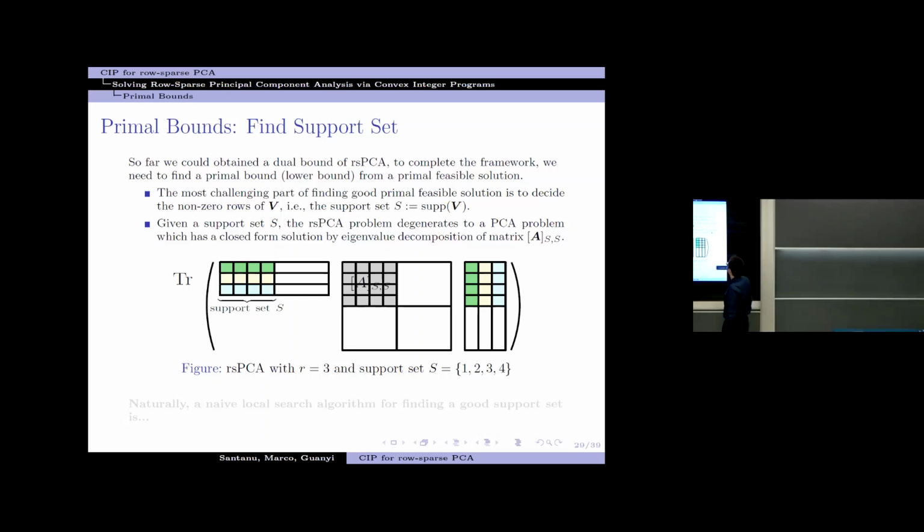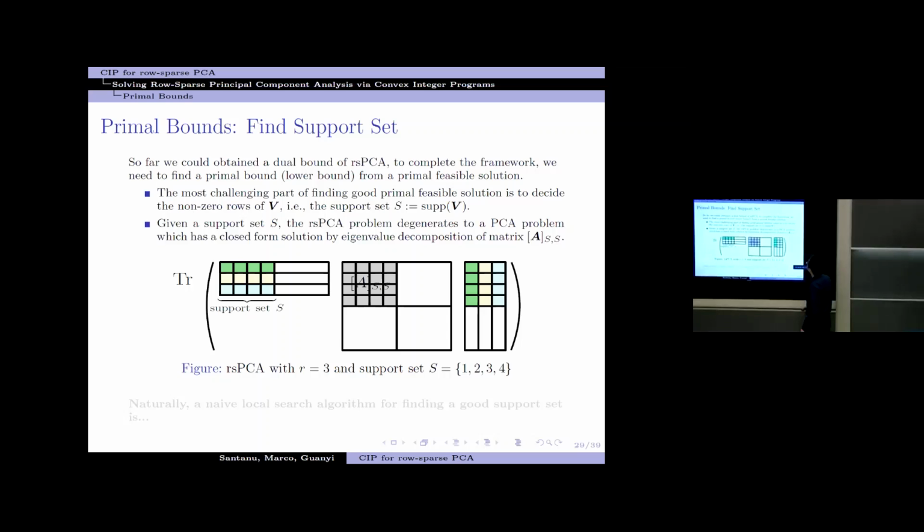And for this case, in order to find a good primal feasible solution, it is equivalent to consider which rows you want to make non-zero. So with the same idea, you would like to decide which support set you would like to pick.